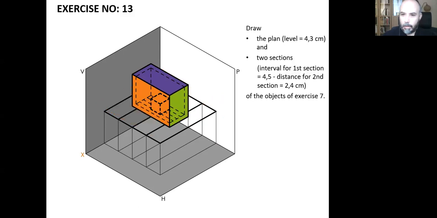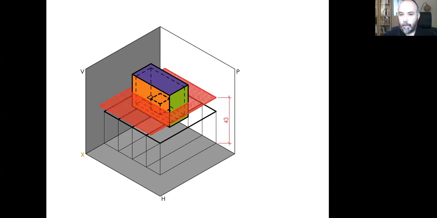And in the question, as you can remember, it says that the level of this horizontal cutting plane is 4.3 centimeters. Because as you can see, if the level of this red plane changes, the objects that it cuts will change. Let's say that it is a little bit higher, like 8 centimeters, then it will be cutting no objects at all.